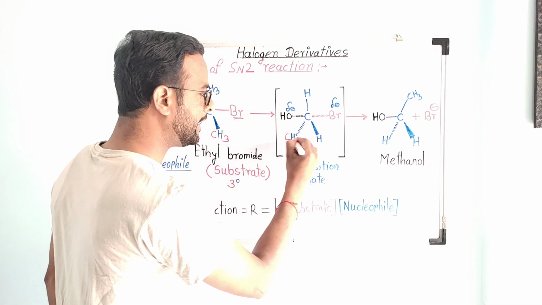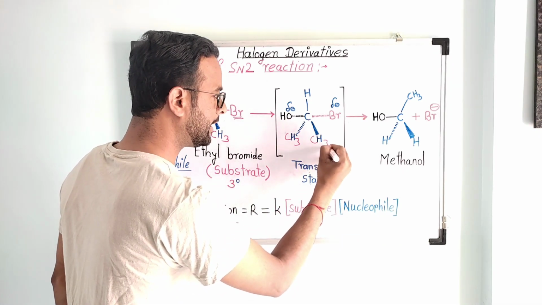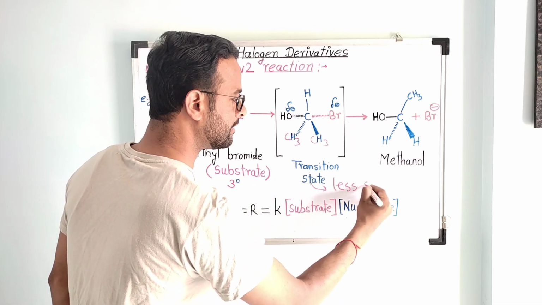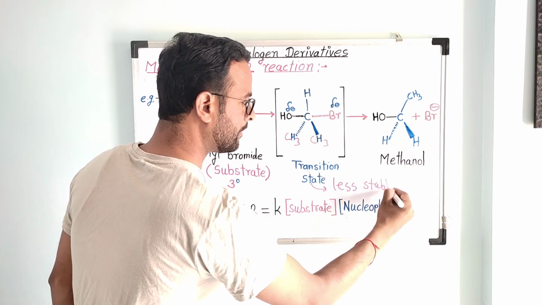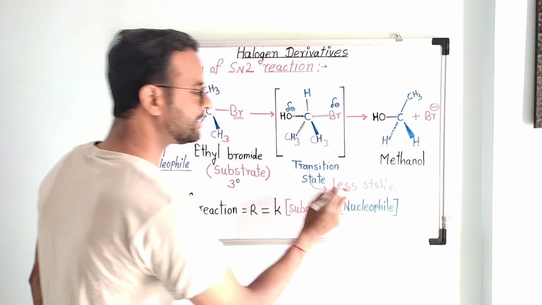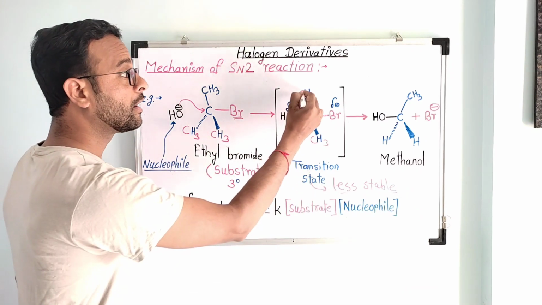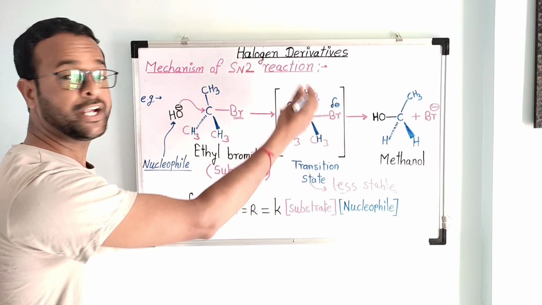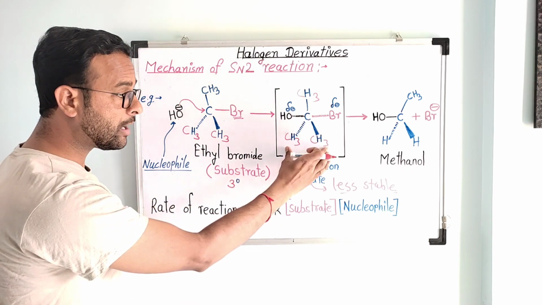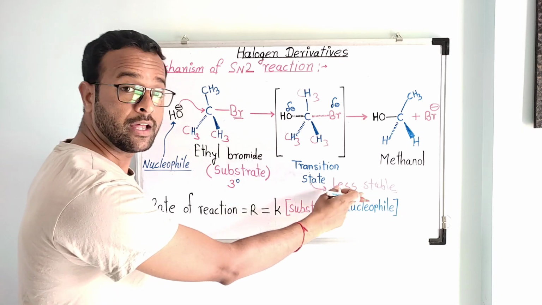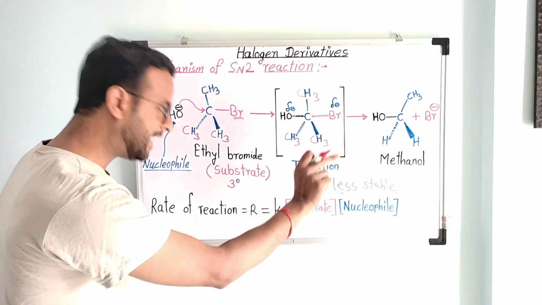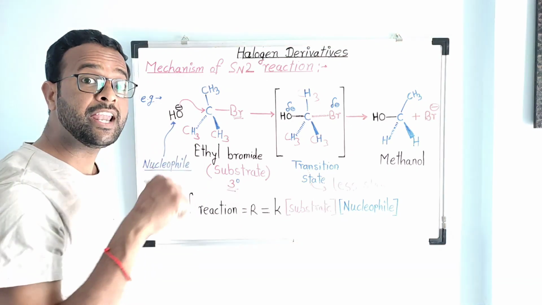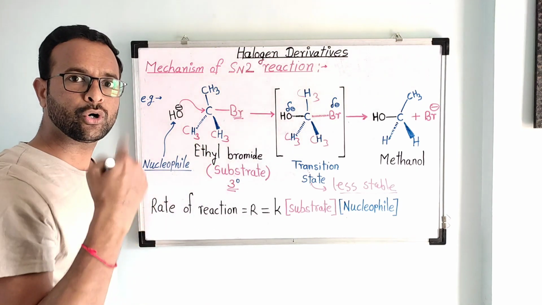So if you write the transition state, then this transition state is less stable. Why? Because of crowding, more steric hindrance. That's why tertiary alkyl halide shows less reactivity toward SN2 reaction.